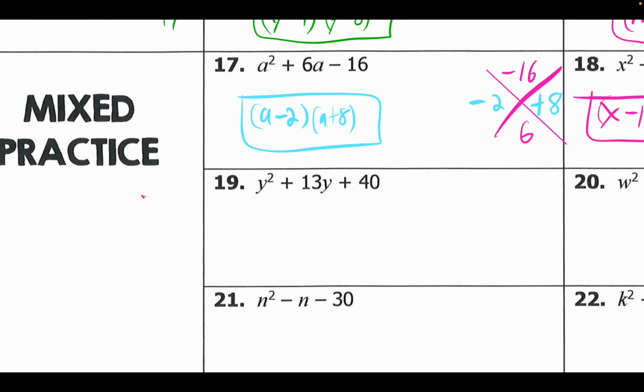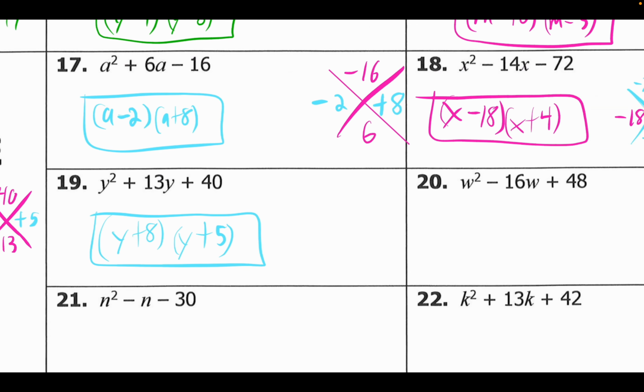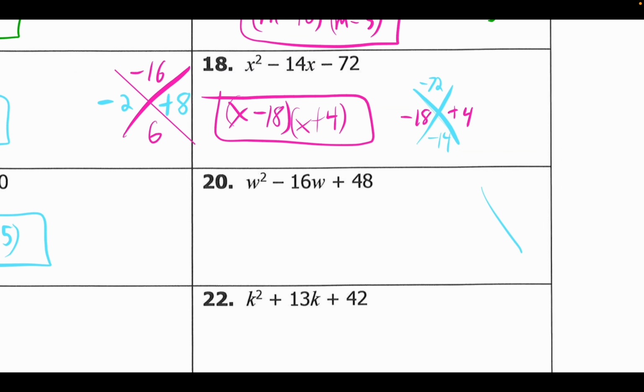Number 19, 40 on the top, 30 on the bottom. And these are going to be two positives since they multiply to a positive and add to a positive both. And so it'd be 8 and 5, y plus 8 and y plus 5. Number 20, 48 at the top, negative 16 at the bottom.